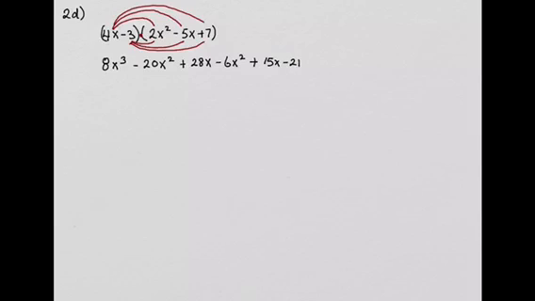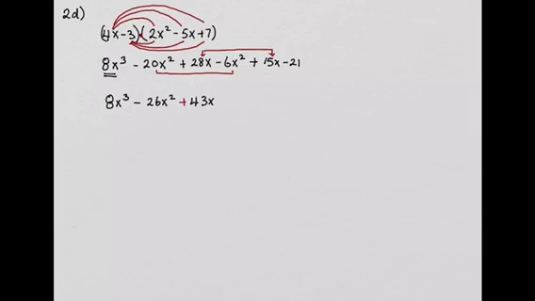Combining like terms, there is only one x cubed term, so that becomes 8x cubed. There are two x squared terms, so minus 20x squared minus 6x squared becomes minus 26x squared. There are the 28x term and the 15x term, and that becomes a positive 43x.